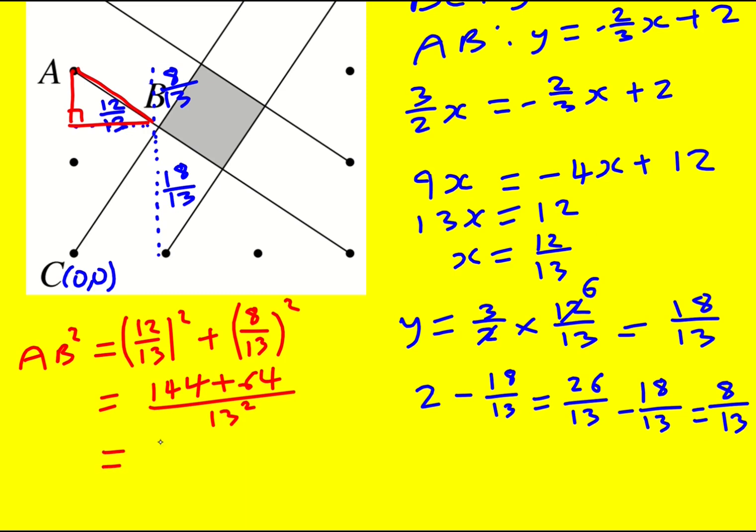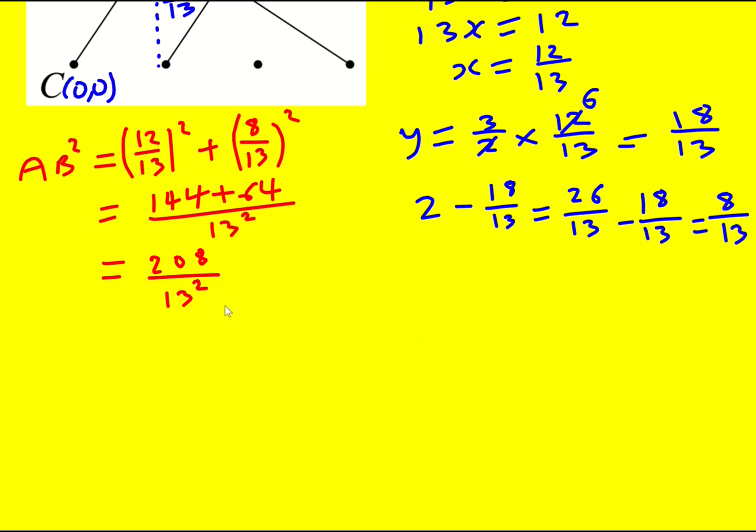That is going to equal 208 over 13 squared. And you see why this way is going to take longer.